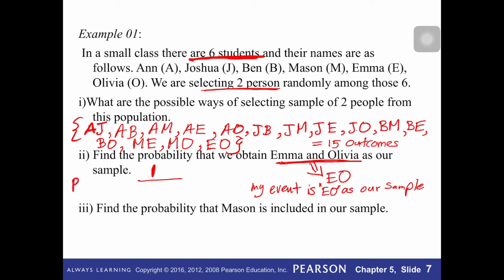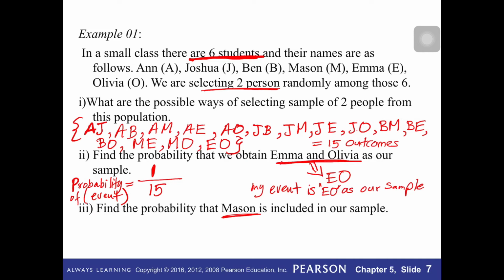So probability of my event is equal to, what is the frequency of my event? Just 1, divided by all possible outcomes. How many? 15. Okay, you can keep it like this, or you can use a calculator to get the decimal value. Clear?